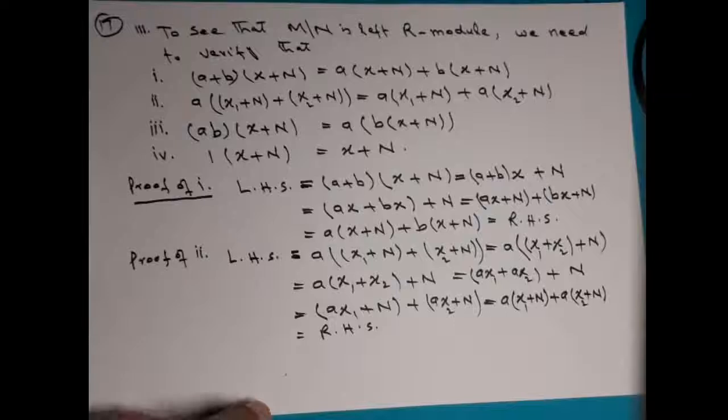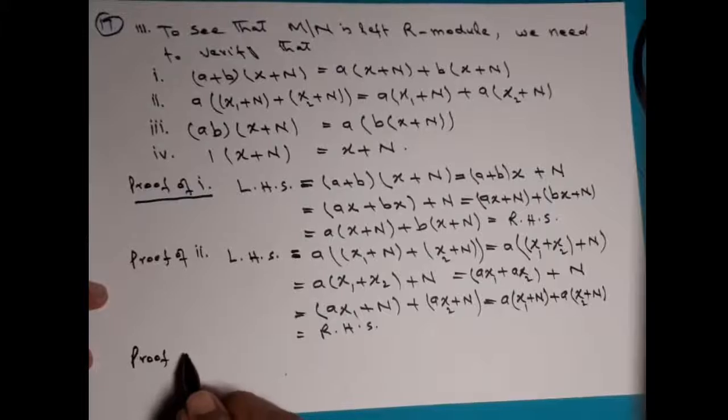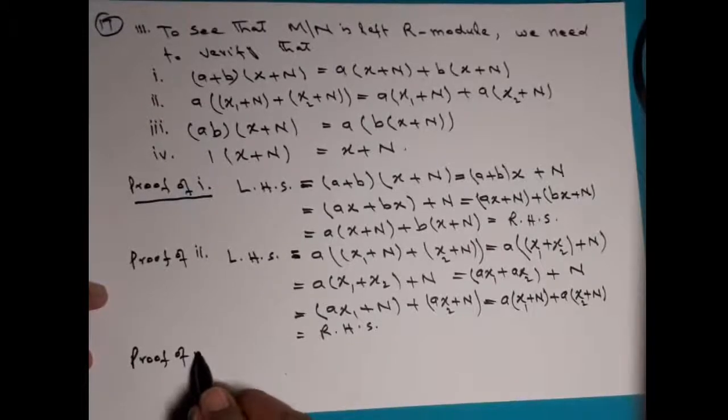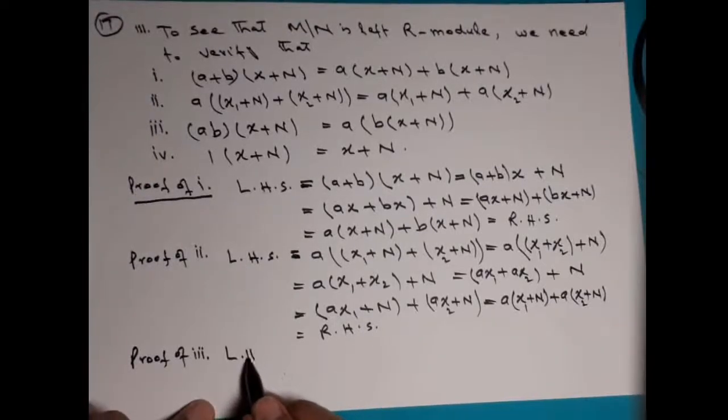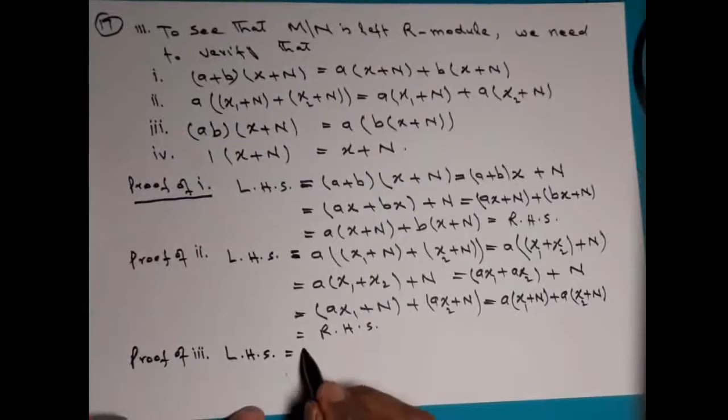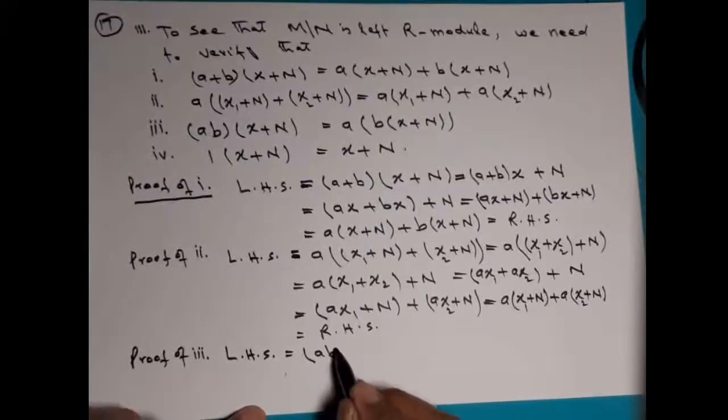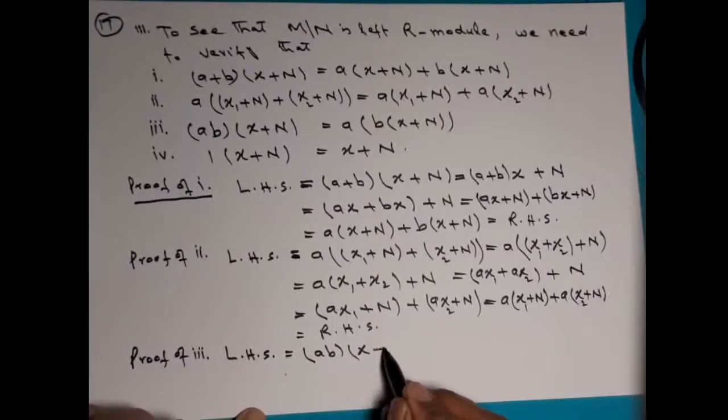We come to proof of 3. Again, the left hand side is equal to (ab) multiplied with (x plus N).